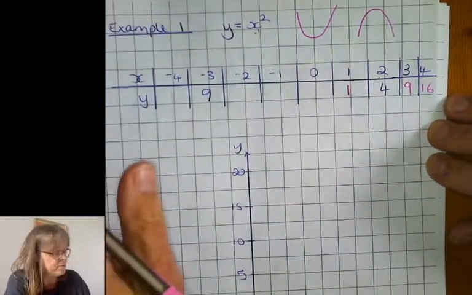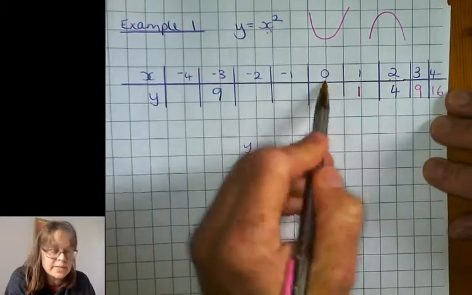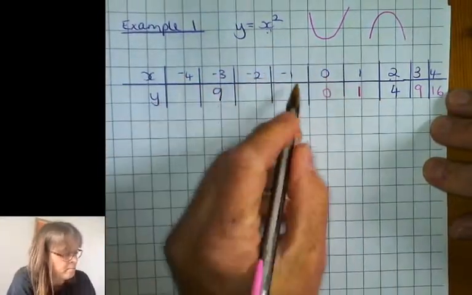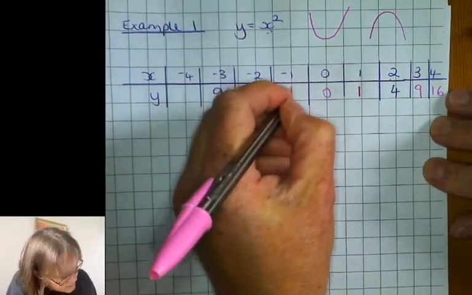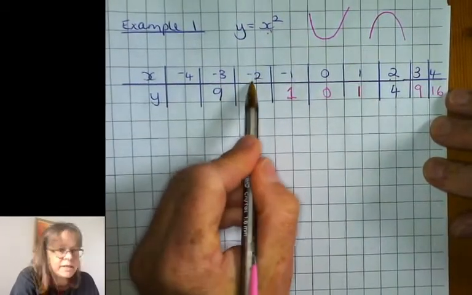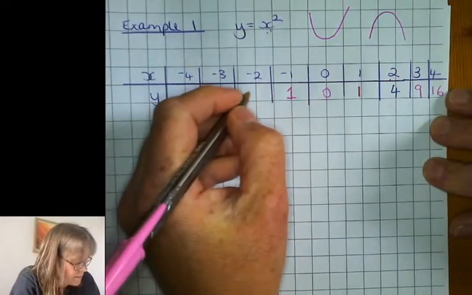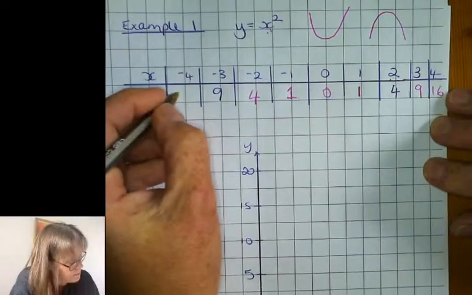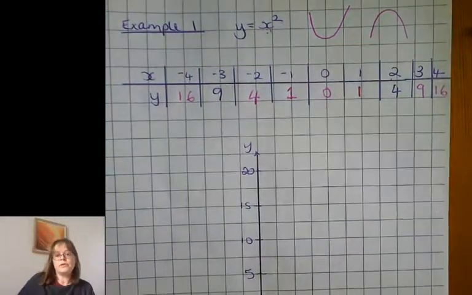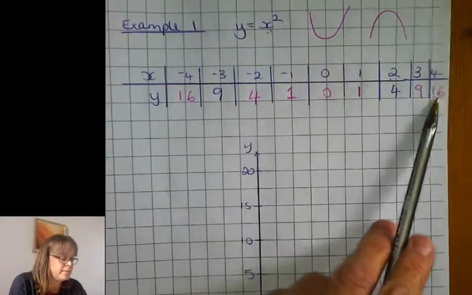And so my y value will be 1. 0 squared, 0 times 0 is 0. Minus 1 squared, minus times a minus makes a positive. 1 times 1 makes 1. Negative 2 squared, minus times minus positive. 2 times 2 is 4. And minus 4 times minus 4 is 16. So I've fairly fast filled in my table.